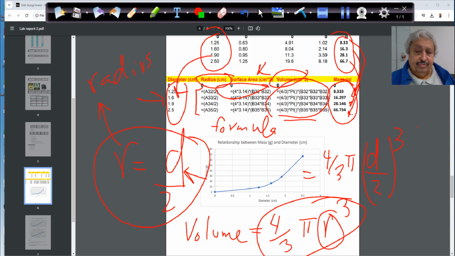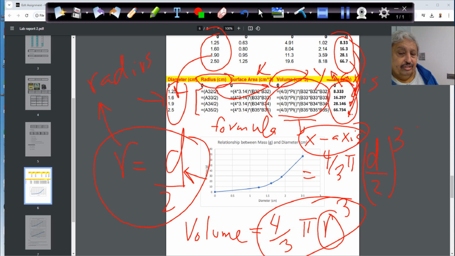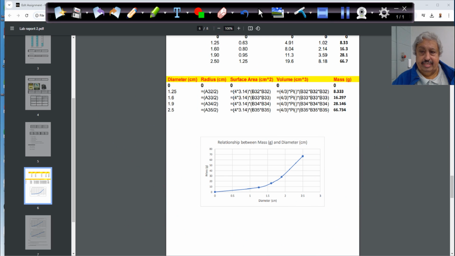Now, at the end of this, you'll plot the mass as your y-axis, correct? And the volume as your x-axis to get the density. But you can train yourself to plot other things too. That's practice.